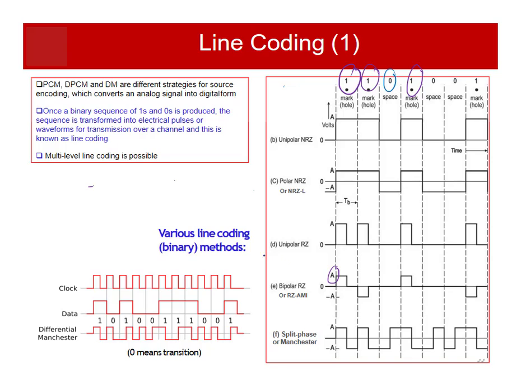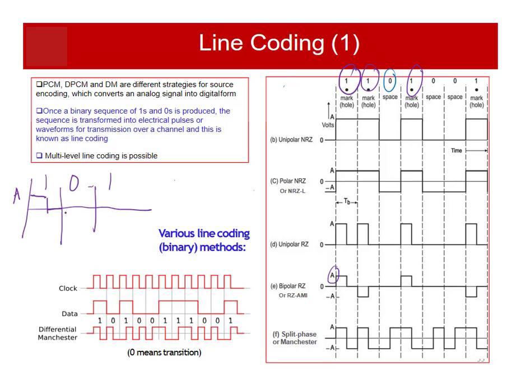You can say that polar RZ is something like this. I'm just showing it with 101. For 1, you have high amplitude for half of the time, and the rest of the time is 0.